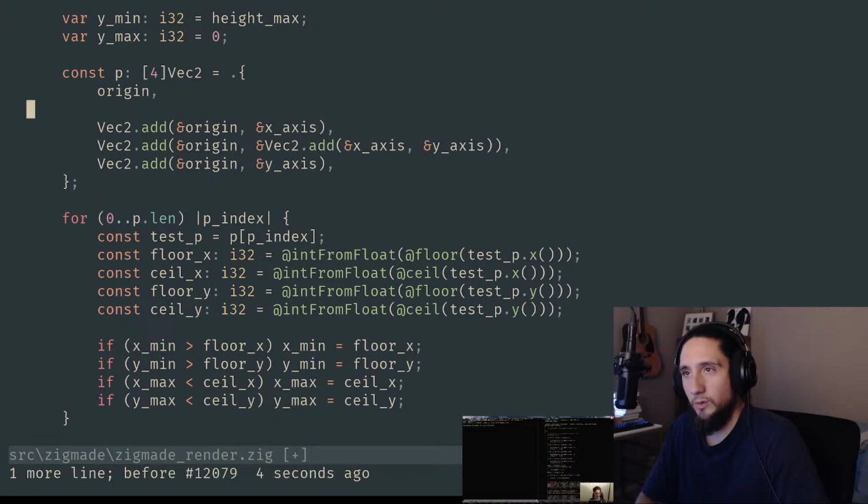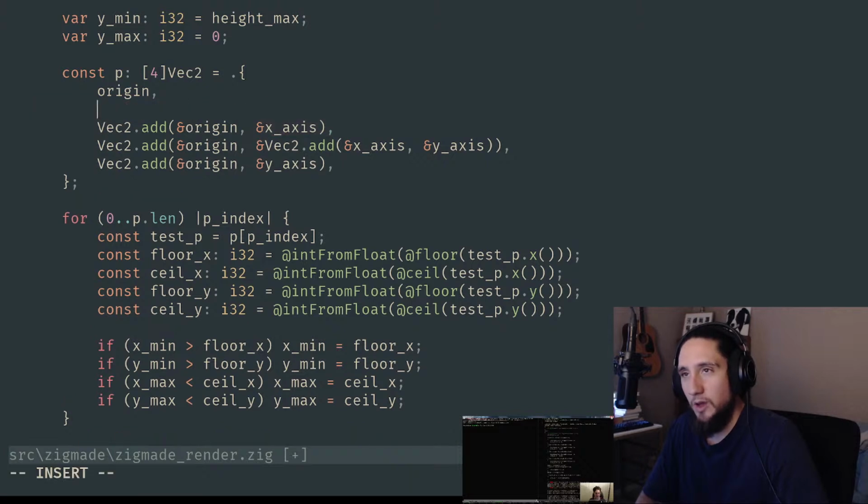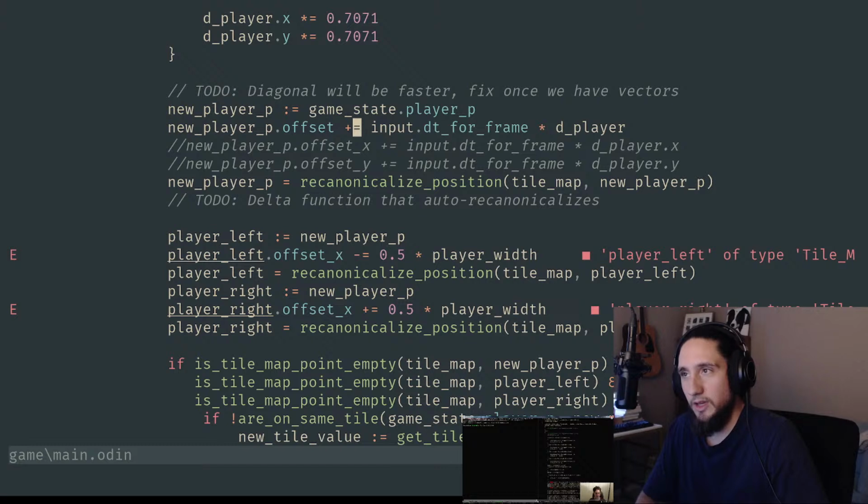But the other way to call that would be, like, I'm not happy with either of these implementations, whether I have to call add on the type, or if I wanted to call origin.add x-axis. Neither of these feel as good as just saying plus equals.